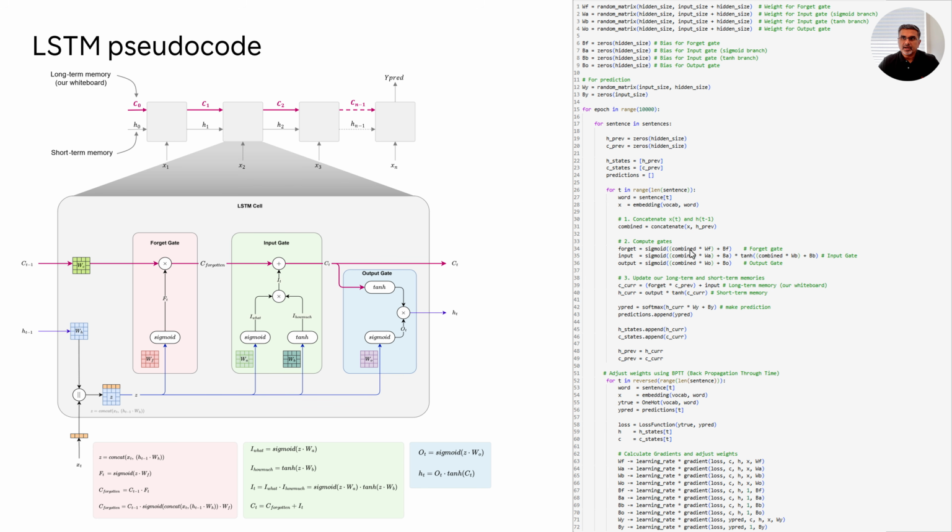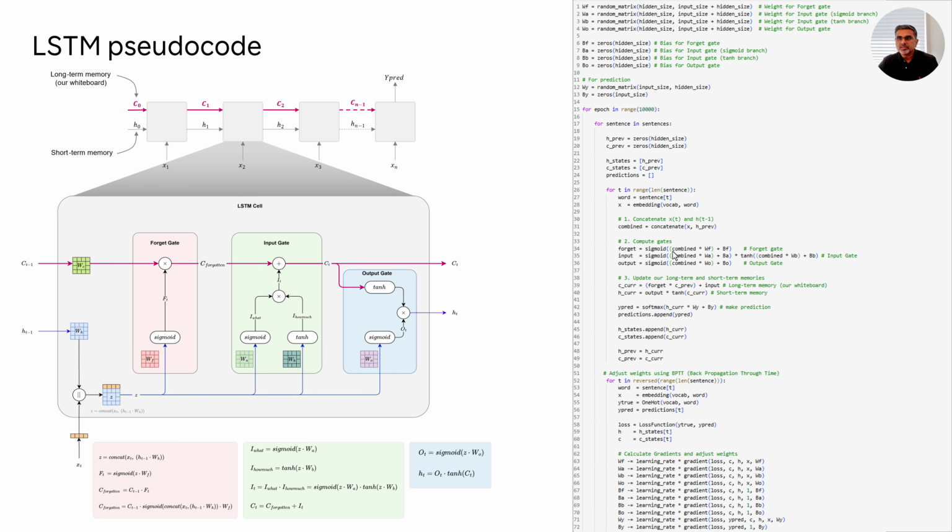I take the combined value, multiply it with the weight WF, add to that the bias for the forget gate and take a sigmoid of that. That's what is happening here: sigmoid of Z times WF, where Z is the concatenation of X and the short-term memory, and then you add the bias value and take a sigmoid of that. That is your forget.